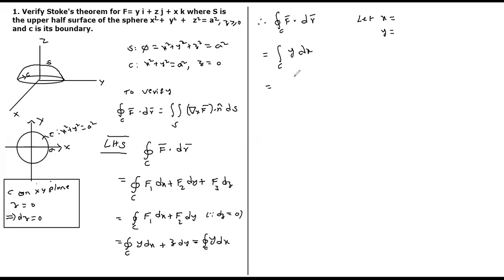Polar. See, remember polar is for double integral. x equal to r cos theta, y equal to r sin theta. When you are integrating over the entire circular region, r should vary from 0 to a, theta should vary from 0 to 2 pi. That's why you need to take the polar coordinate substitution.